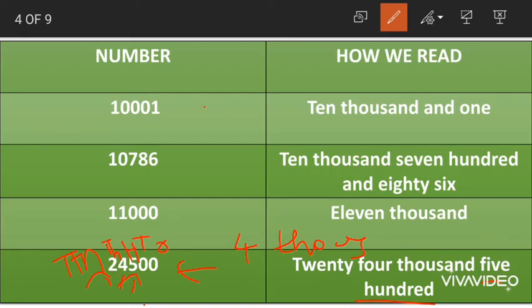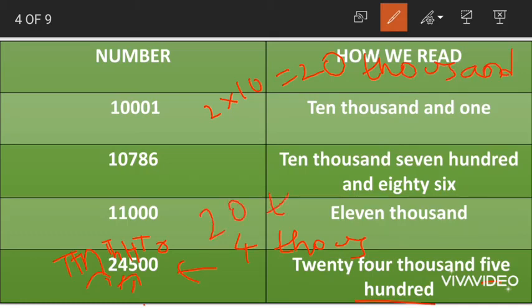If 2 was at tens place, we read it as 20. In the same way, 2 is in 10,000s place. So, we read it as 20,000. Clear, children? 2 into 10 is equal to 20, and then we have the thousands. 2 at 10,000s place will be read as 20,000.